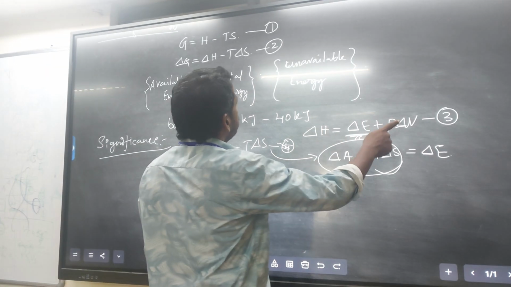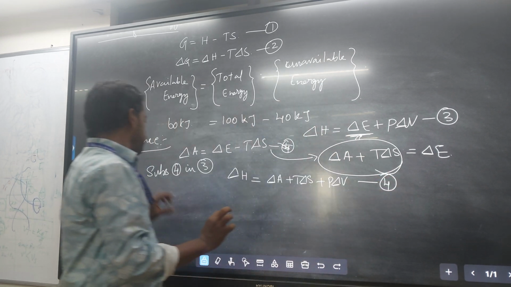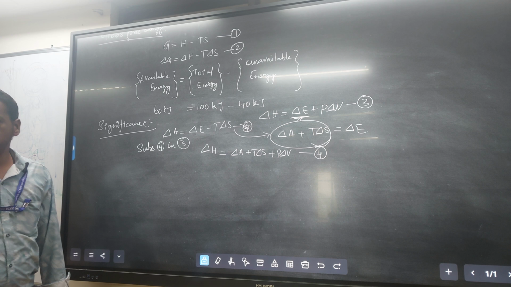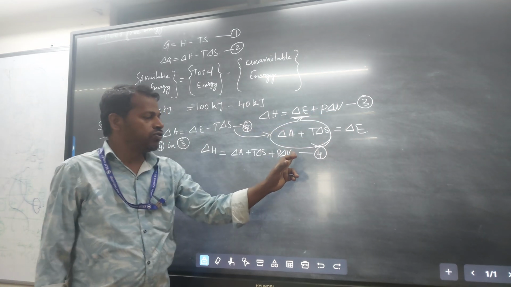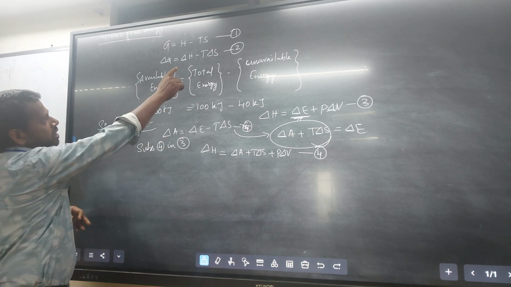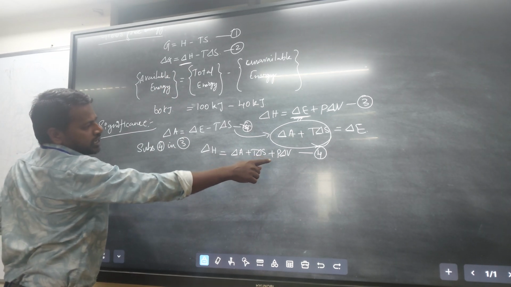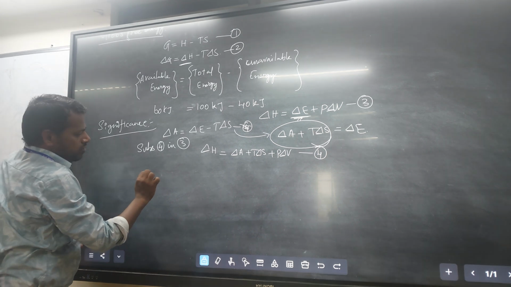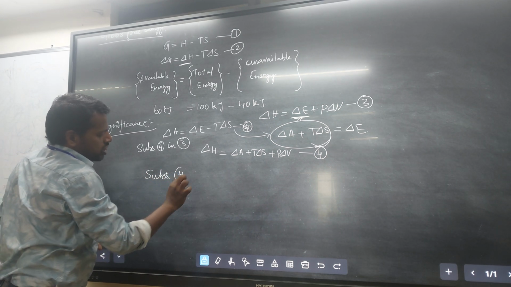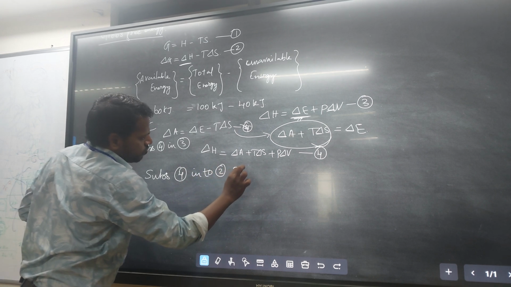Third equation, this is a fourth equation, I erase it. So now you substitute instead of delta H, delta A plus T delta S plus P delta V. Substitute fourth equation into second equation.